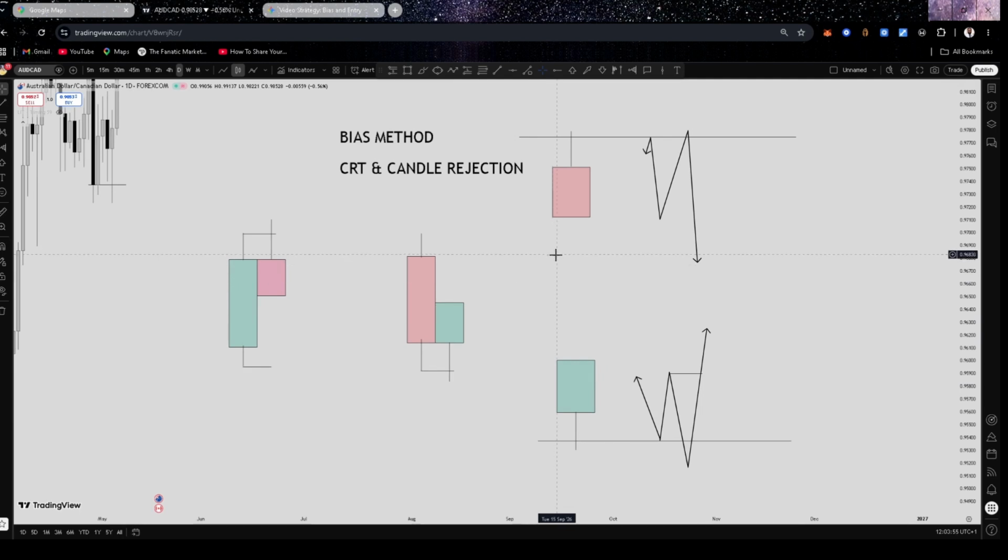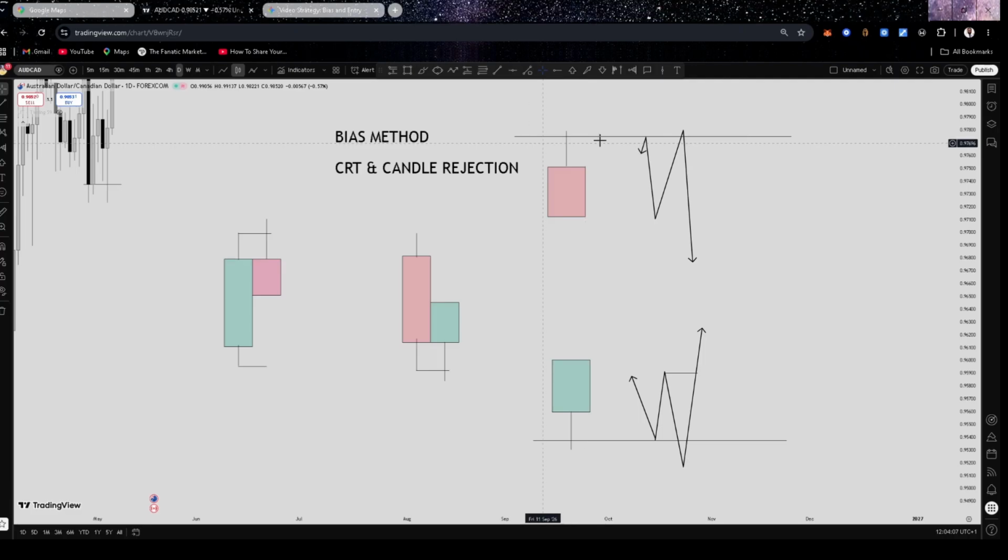Secondly, this is candle rejection. If you have not watched my first video, go and watch it to know which key levels to wait for rejection from. Now this line, I assume, is my key level on the daily time frame. All I need to do is wait for price to reject on any of my key levels.